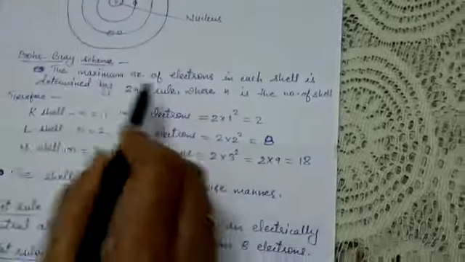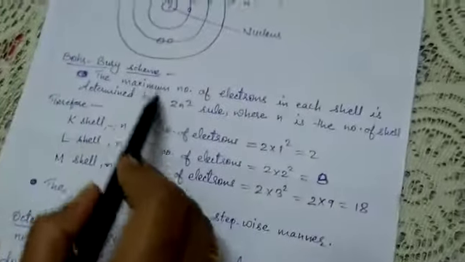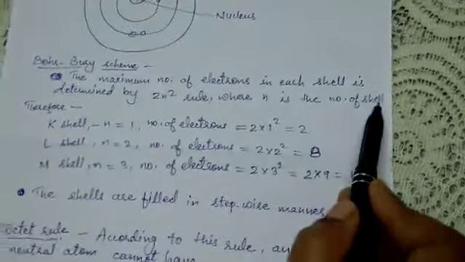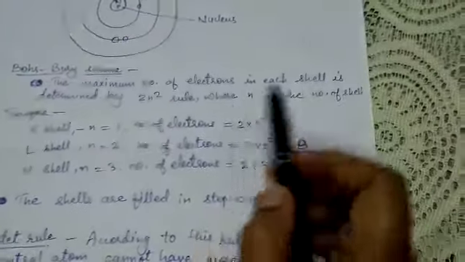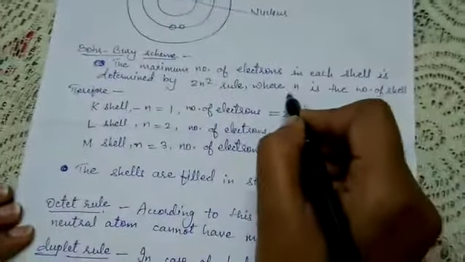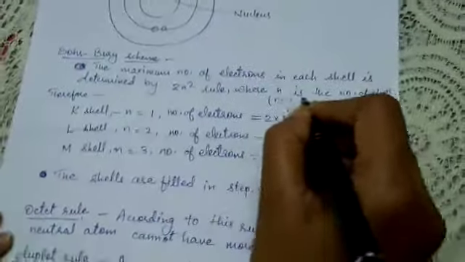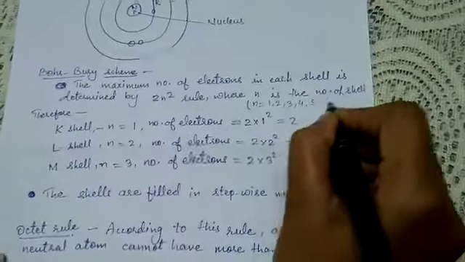This rule is given by Bohr and Bury, that's why it is called the Bohr-Bury scheme, where n is the number of the shell, and n is always a whole number: 1, 2, 3, 4, 5 and so on.